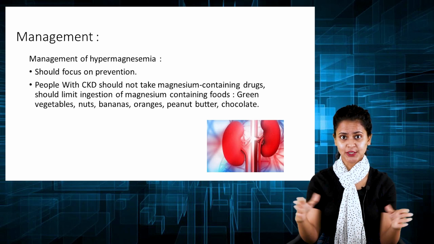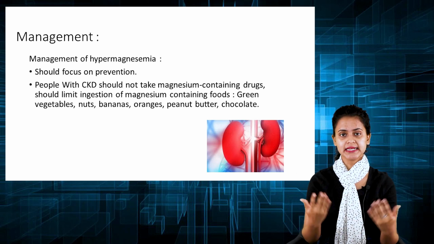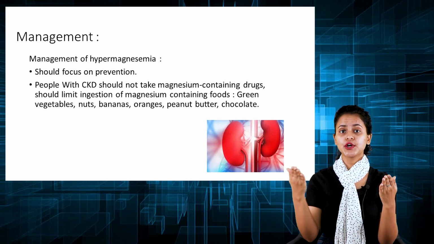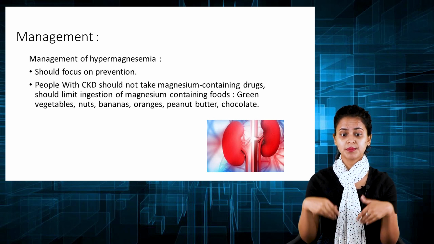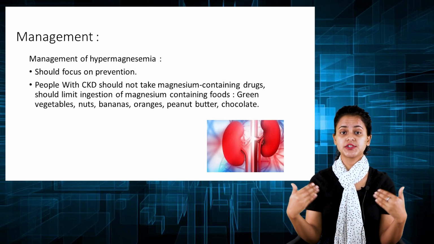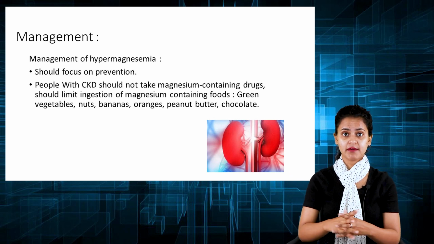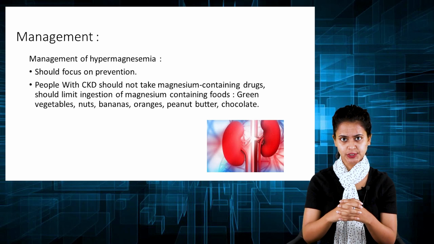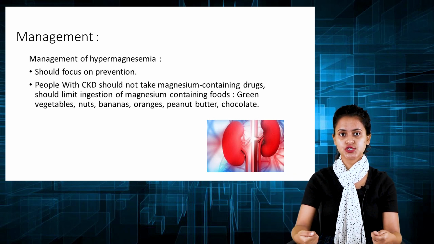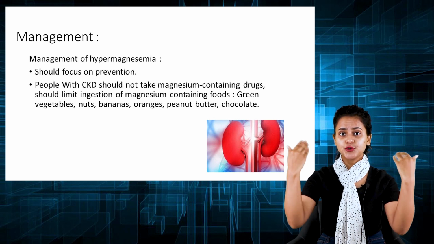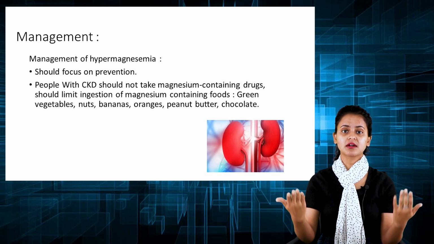We will teach the client and their caregiver to avoid foods like green vegetables, nuts, bananas, peanut butter, even chocolates, which have a very high amount of magnesium. Even certain over-the-counter medications which contain a huge amount of magnesium will be restricted for a client at high risk.